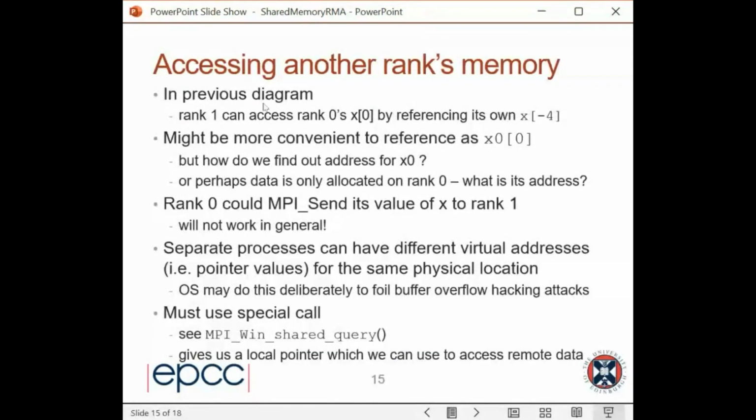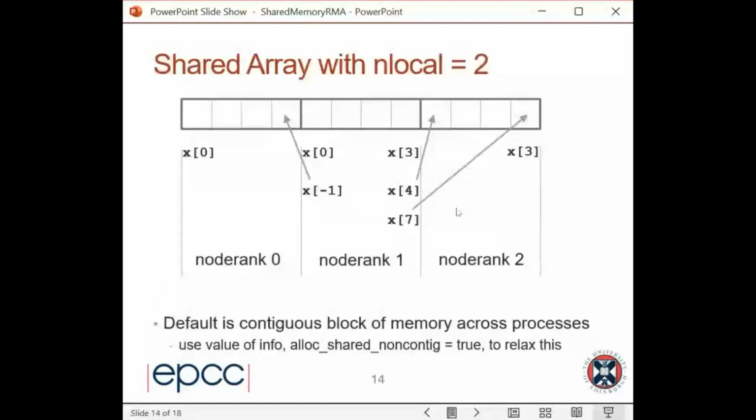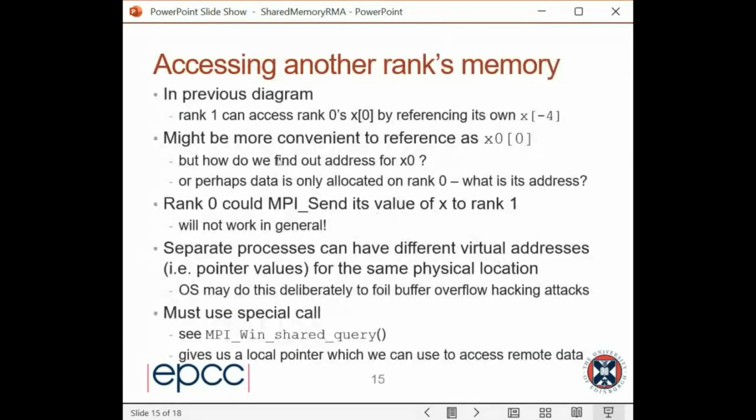So the only thing is, in the previous diagram, rank 1 can access rank 0's x0 by referring to its own x minus 4. So imagine I wanted to access that value. It could be x minus 1, minus 2, minus 3, minus 4. It might be more convenient to reference it as an array.